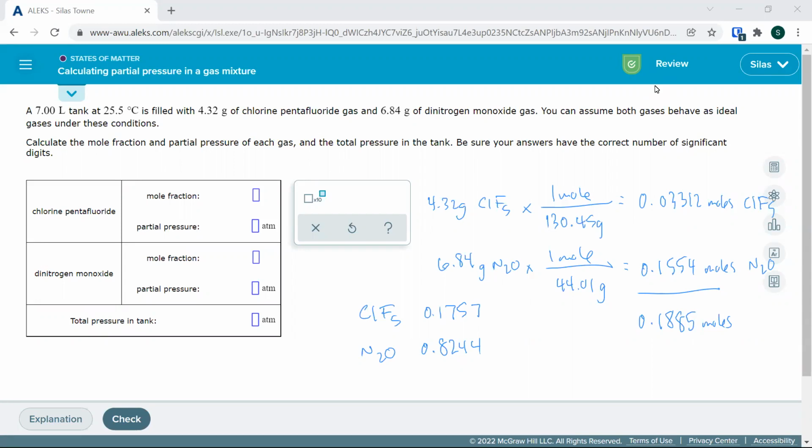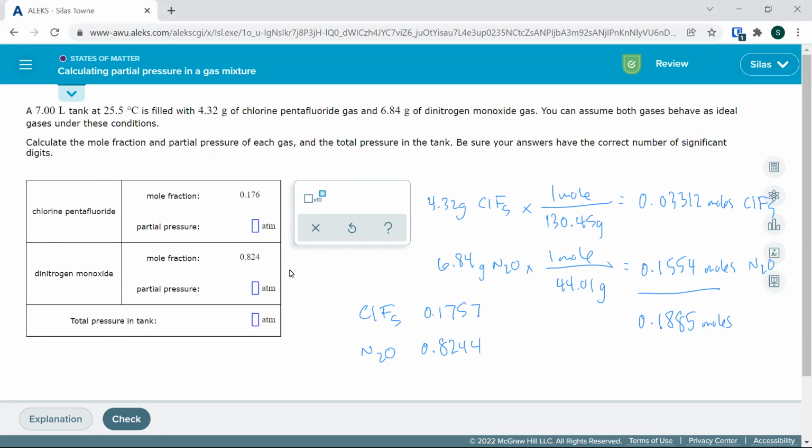Now that's 3 significant digits, so I'm going to go and plug these in as 0.176 and 0.824. Okay, there's part 1.